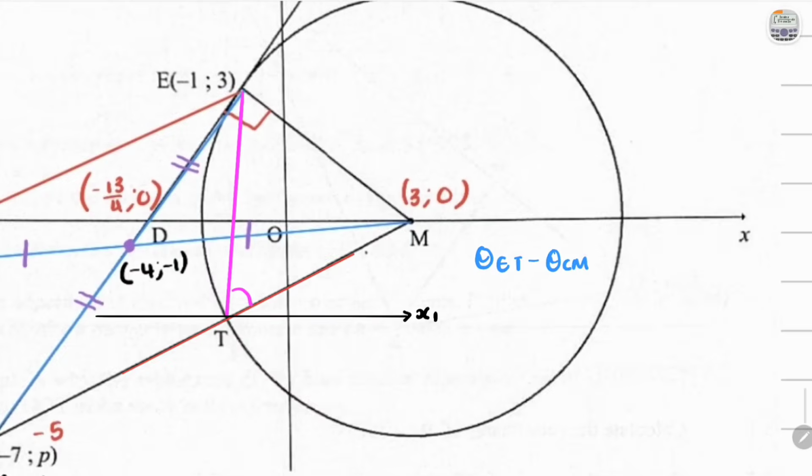Do you see that this shape is part of a triangle? It's part of this little triangle over here. And this triangle has some special properties. Do you notice that from M to E, that's a radius, and from M to T, that's also a radius. So you have an isosceles triangle here because these two are equal.